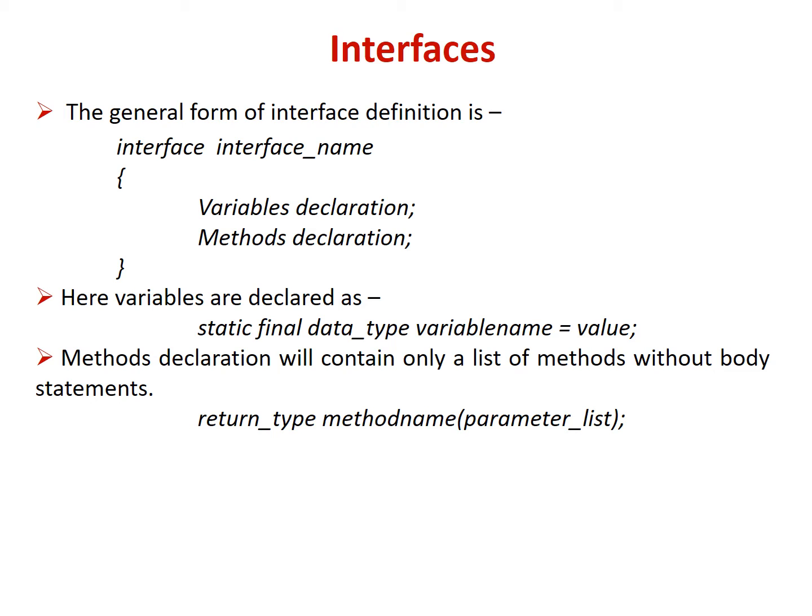In interface, the variables are declared as static final, then we specify the data type, after that the variable name and its value. Similarly, the method definition will contain only a list of methods without body statements, as here the return type and then the method name, and after this we specify the list of parameters.